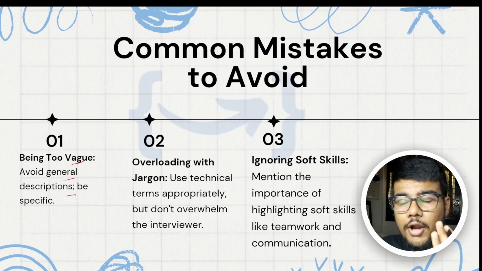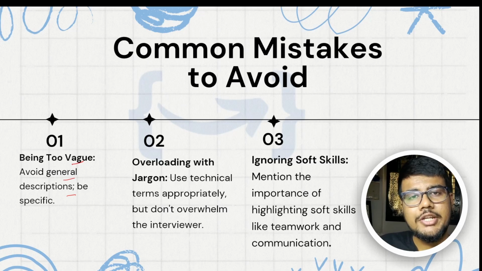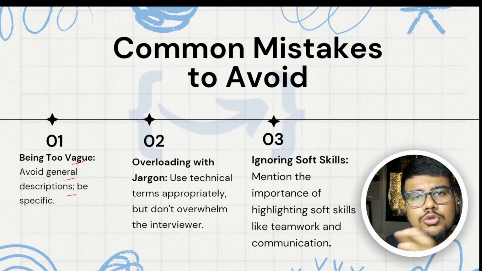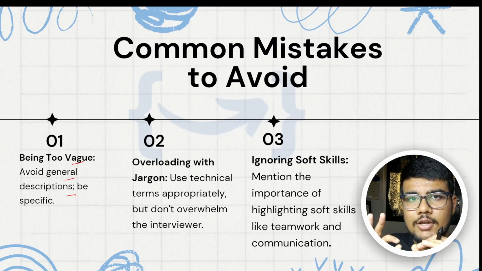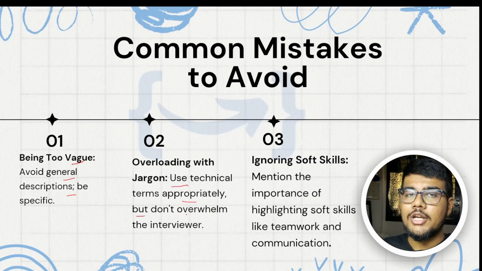You should know what the exact answer is. If he asked what is OOPS, you just need to tell in 2 lines, not the whole story. If he asked you to tell the story or speak for 2 to 3 minutes, then you can tell your story fluently. And the next one is overloading with jargon, which means use technical terms appropriately but don't overwhelm the interviewer.